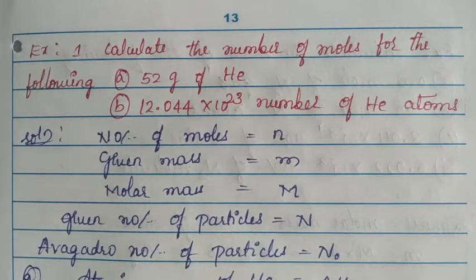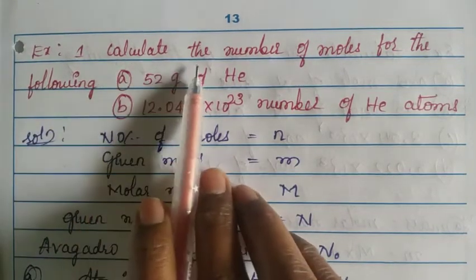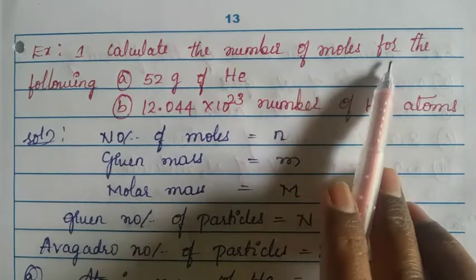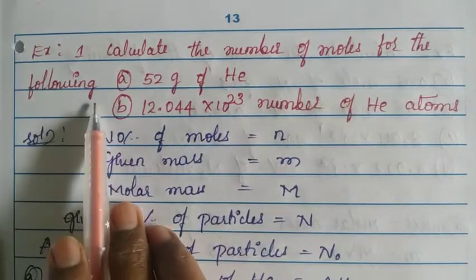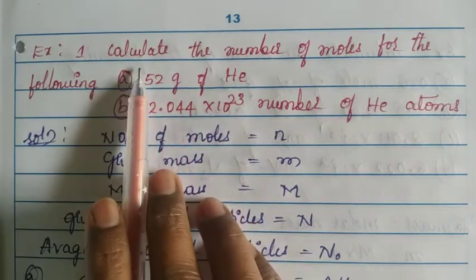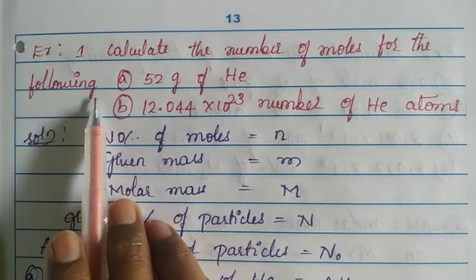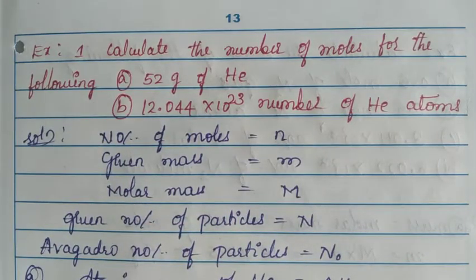Yes, look at children here. The example 1 problem is like this. Calculate the number of moles for the following: 52 gram of helium. Children, we know that 1 mole contains 6.022 × 10^23 atoms of that element.